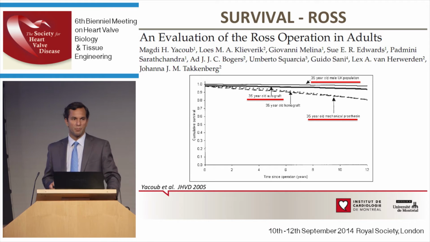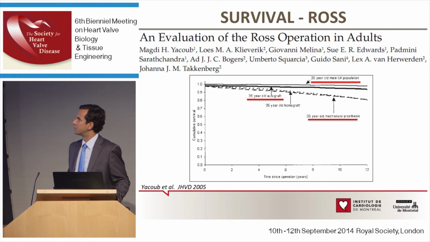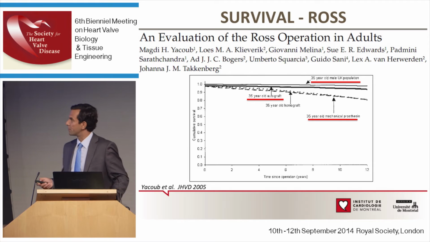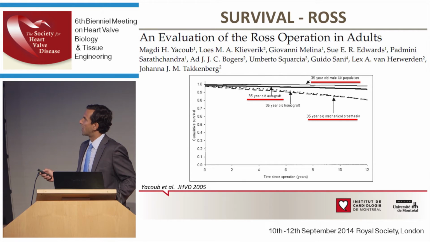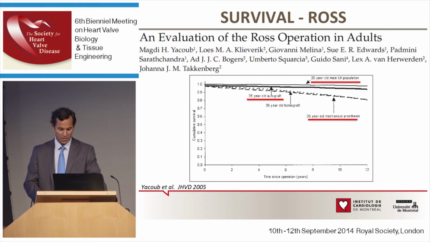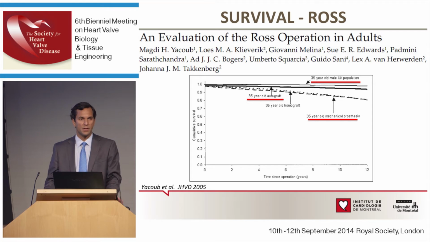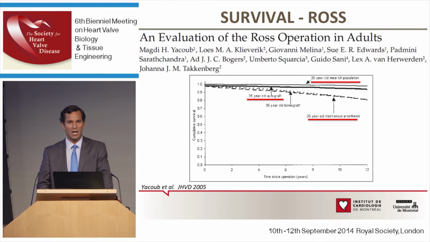The mean age of the patients in that patient population was 35 years of age. And when they compared them to the UK age and gender-matched population, what was observed was a survival which was almost identical in these two populations. And that was really the very first paper showing a restoration of survival in the long term after aortic valve replacement using any sort of approach.